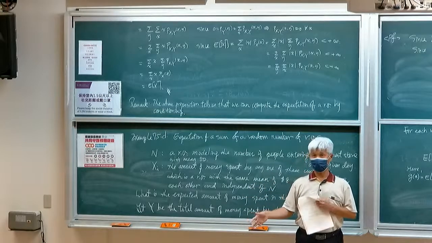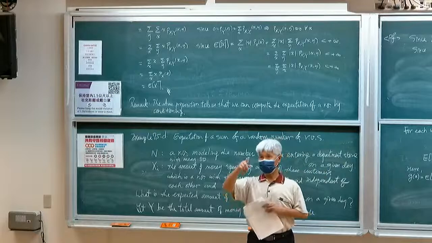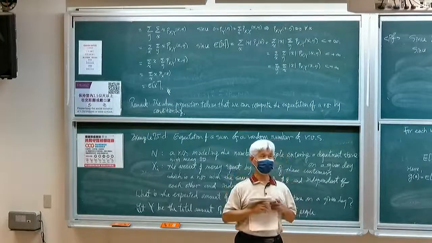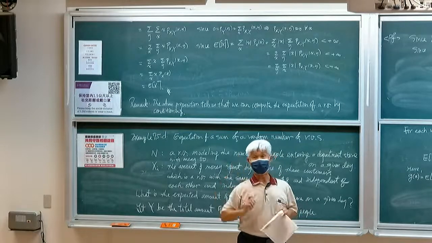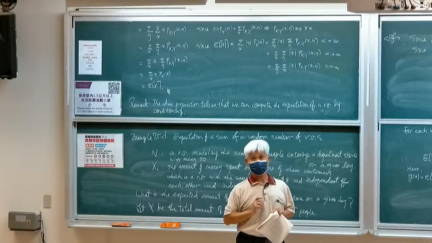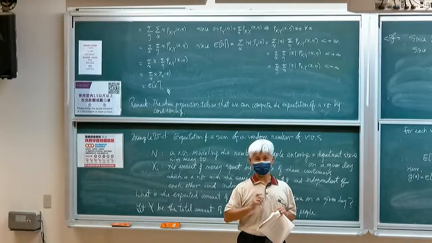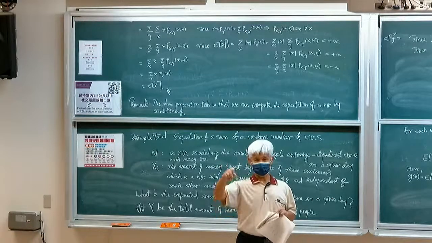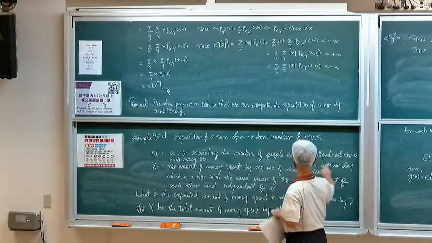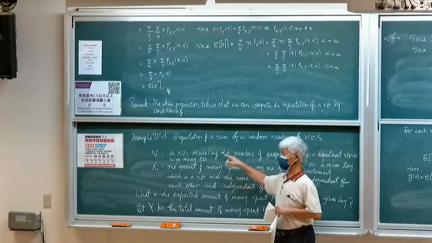Okay, so you can think about an omega could be a day, and on a different day you have a different number of customers.